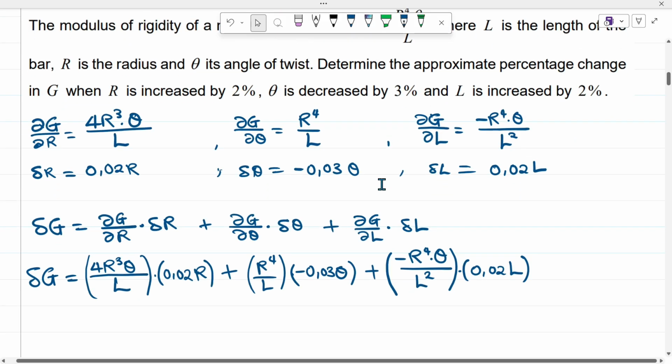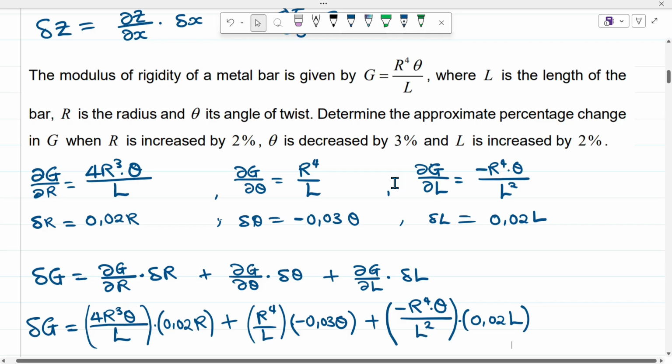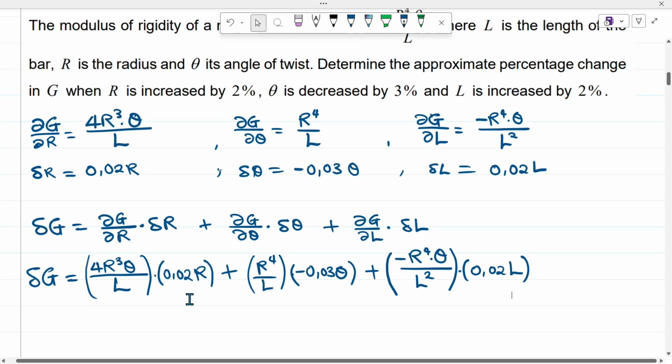So we should make sure that we end up having G. So okay, look at this, guys. When we multiply this and that, we're going to get R to the power of 4 theta L, and then 4, of course, is a constant, or a coefficient.